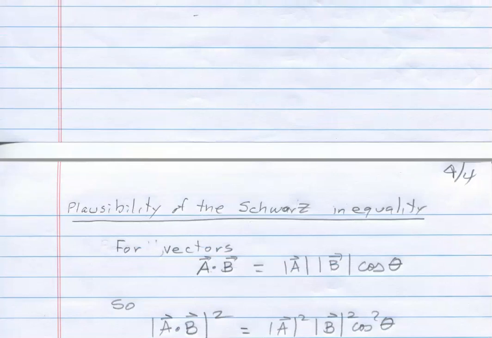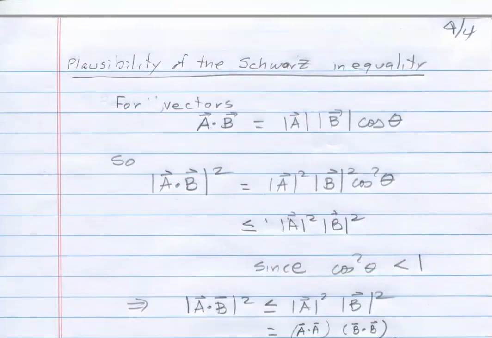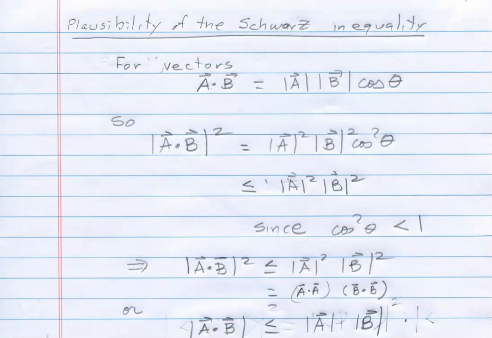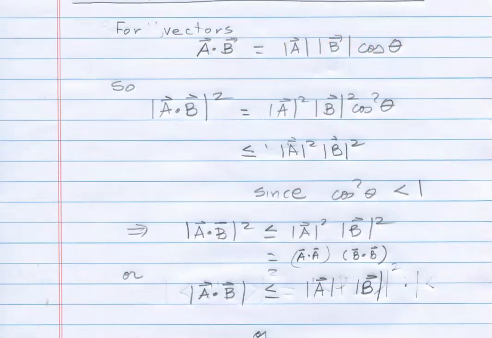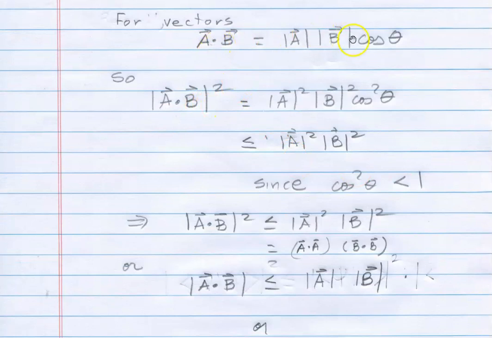We can give a plausibility argument for the Schwarz inequality, and we'll probably have to prove this in more detail a little later on. But for vectors, it's a fairly obvious relation. If you recall, let's just look at real vectors. The dot product or scalar product can also be written as the magnitude of A times the magnitude of B times the cosine of the angle between the two. If I square both sides of this, I square this side and I square every term on this side, I get this.